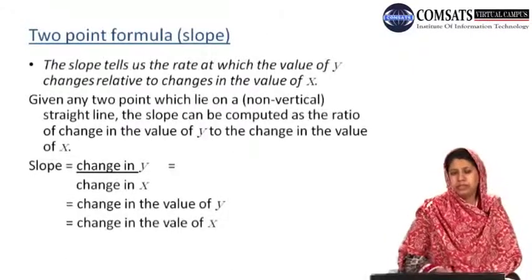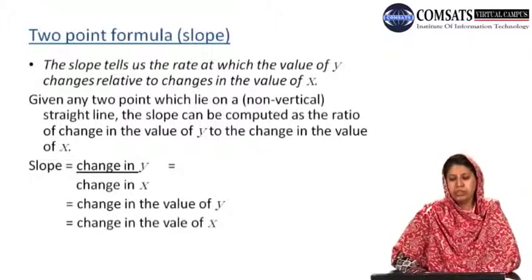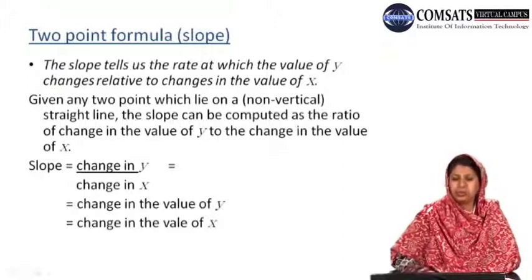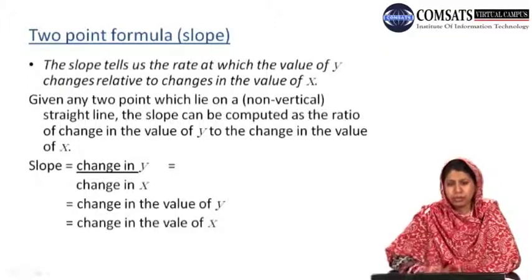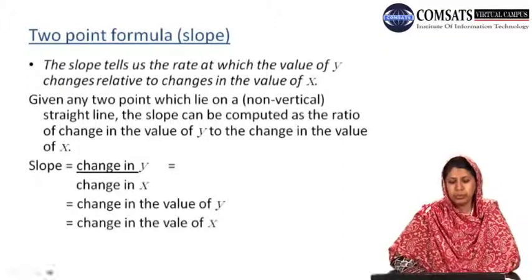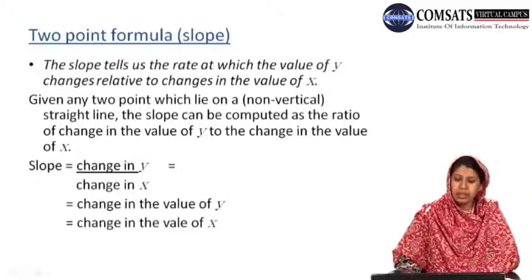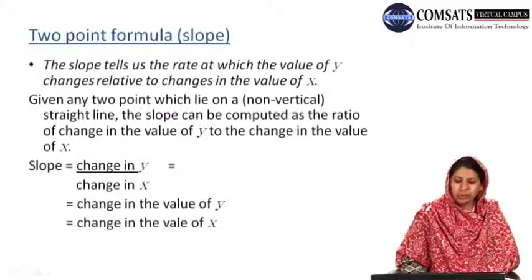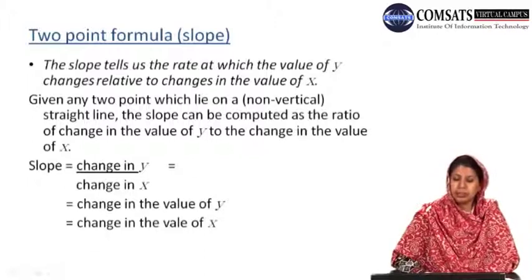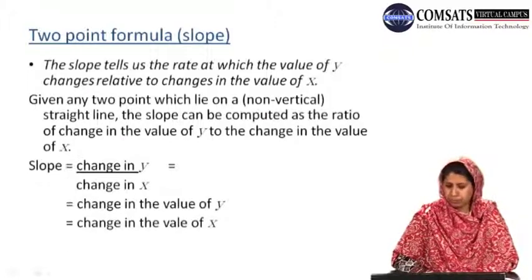Now we use this definition of slope to find the slope with the help of the two-point formula. That is, when we are given 2 points, how will we find the slope of a line? Basically, the slope tells us the rate at which the value of y changes relative to the changes in the value of x.